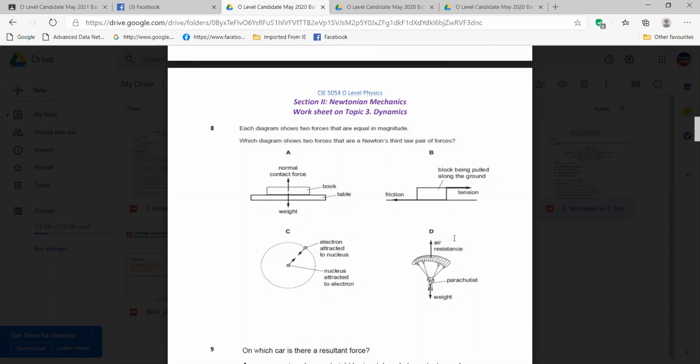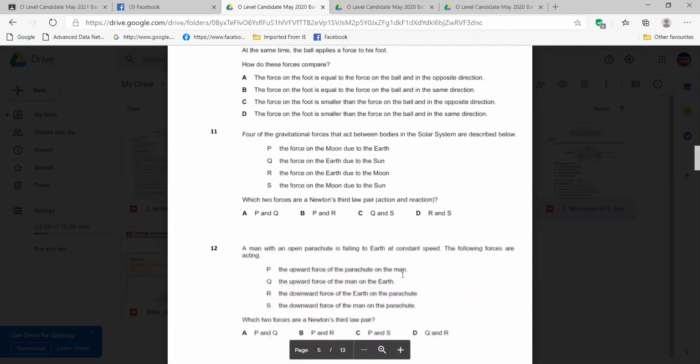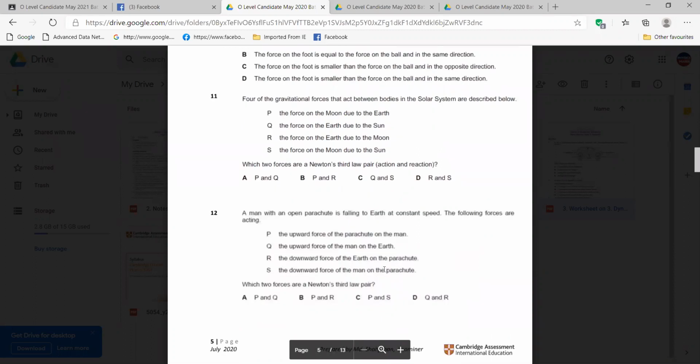Here D is giving the first law, but for the similar context with the parachutist we are getting the third law, the third law pair. So that's why you have to think about how it's relating when you get the question.